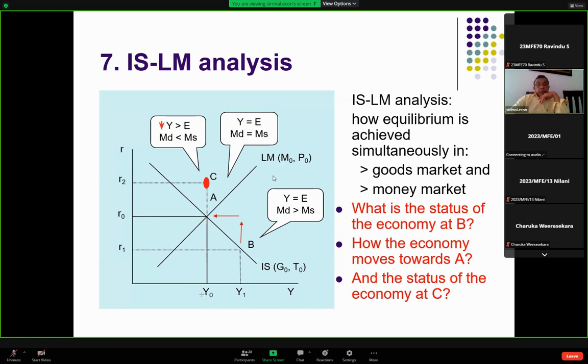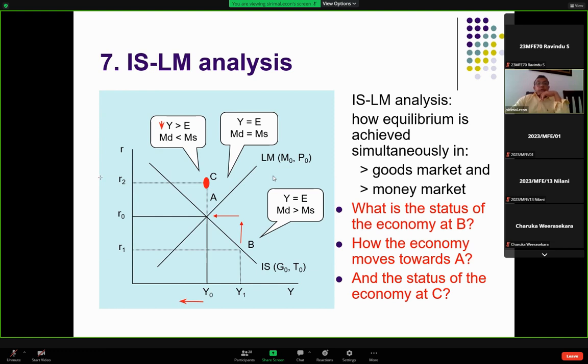That means there is a tendency to push output in this direction. But at the same time, when there is excess money supply in the money market, that excess money will flow into the bond market, so the interest rate is likely to go down.